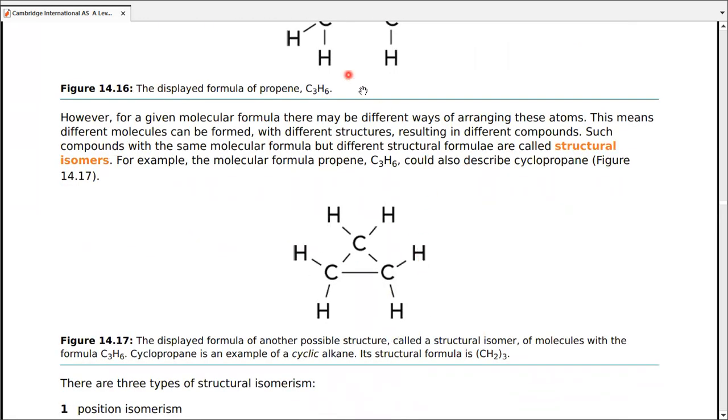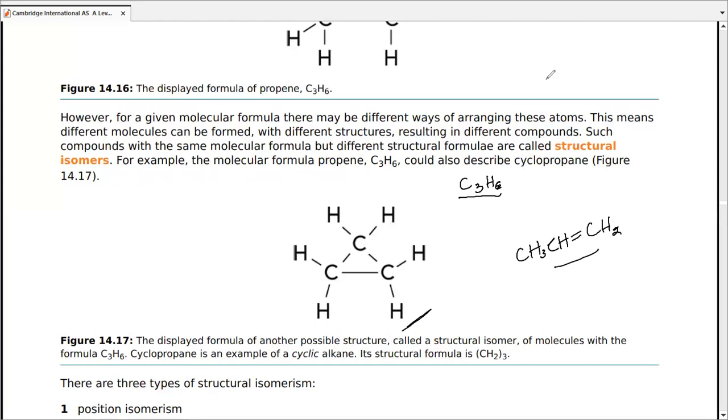Now, I hope you understand that the book is purposefully going with these examples and actually putting up the idea of having the same molecular formulae for the same number of carbon atoms for a cycloalkane or for an alkene. Okay, that's how C3H6 can give us this one as well as this one. So it gets us the idea.